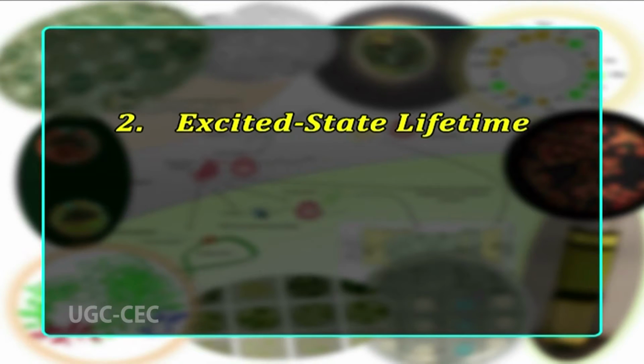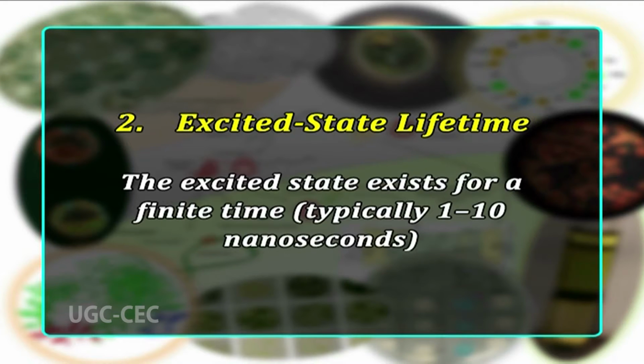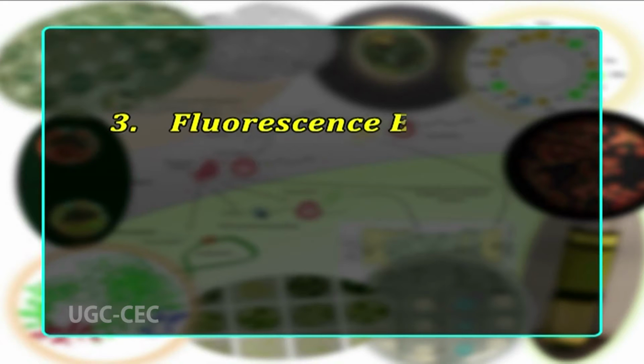And coming to the second stage, excited state lifetime. The excited state exists for finite time, typically 1 to 10 nanoseconds. During this time, the fluorophore undergoes conformation changes and is also subject to a multitude of possible interactions with its molecular environment. Coming to the last stage, that is the fluorescence emission.